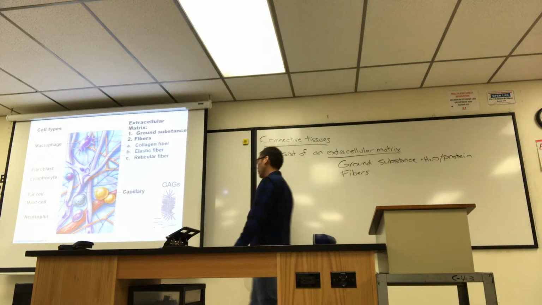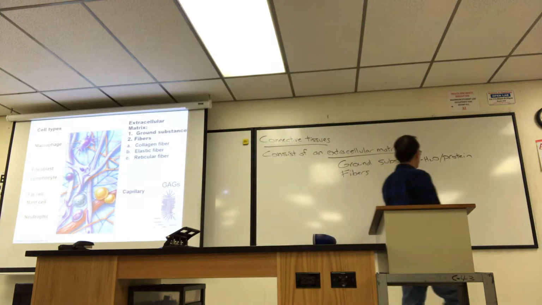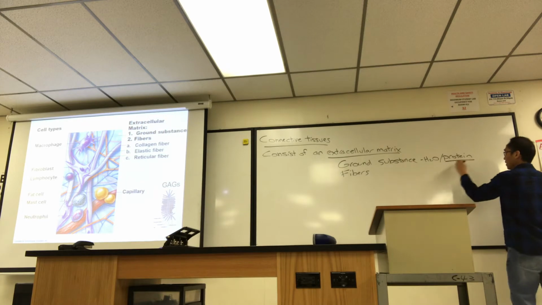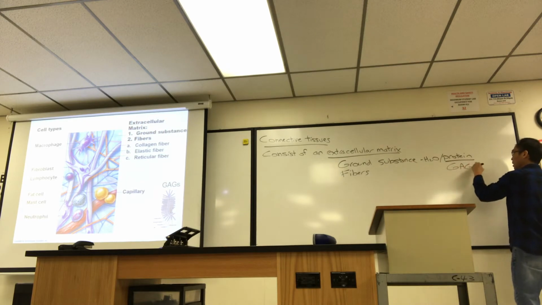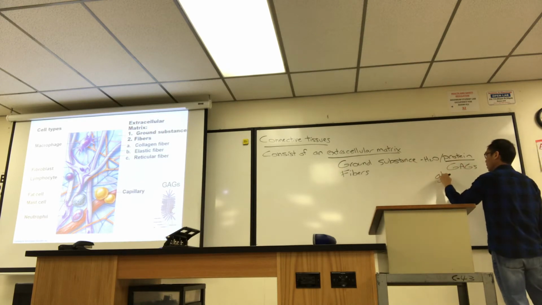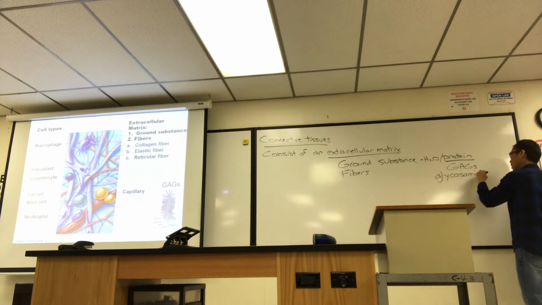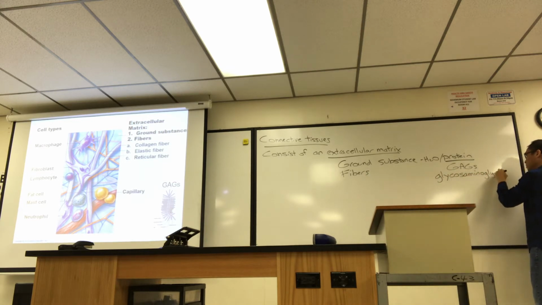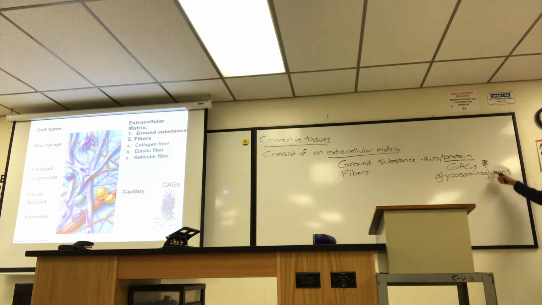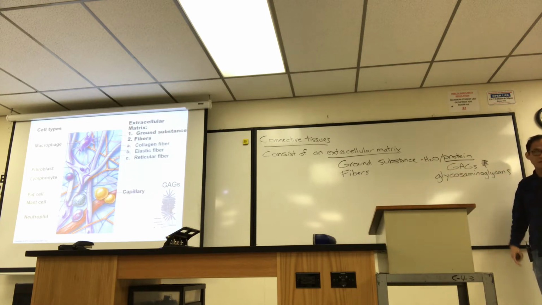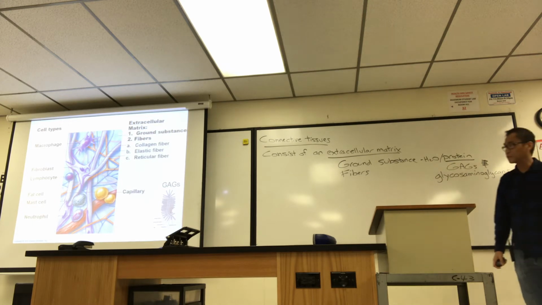They're like little bottle brush proteins. What those do is create an osmotic pressure to draw water into the tissue, which gives a lot of the connective tissues its buoyant property and makes it a good filler tissue.